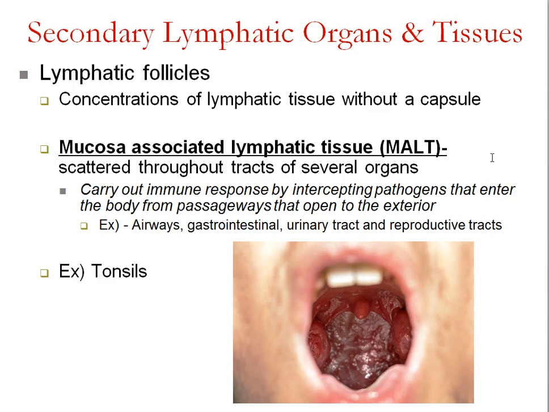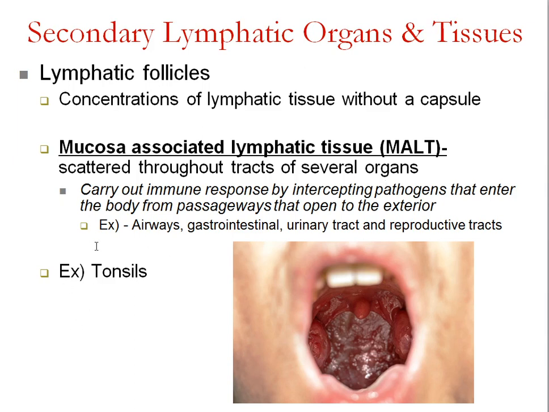So that's the key thing about MALT tissue: any spot in your body where there's an orifice, an opening to the outside world, right inside of that opening, inside of your body, we're going to have some MALT tissue to help stop anything that we don't want from getting in and getting into our system.